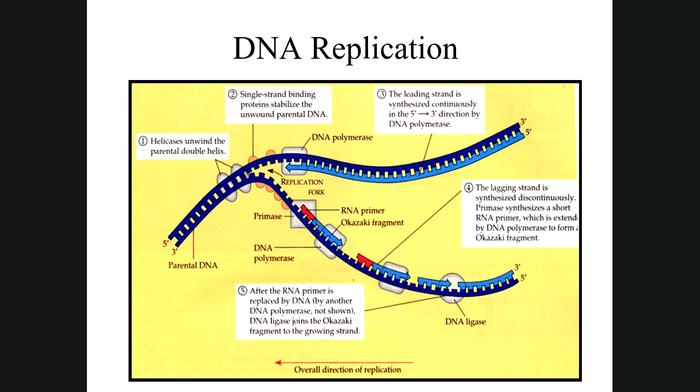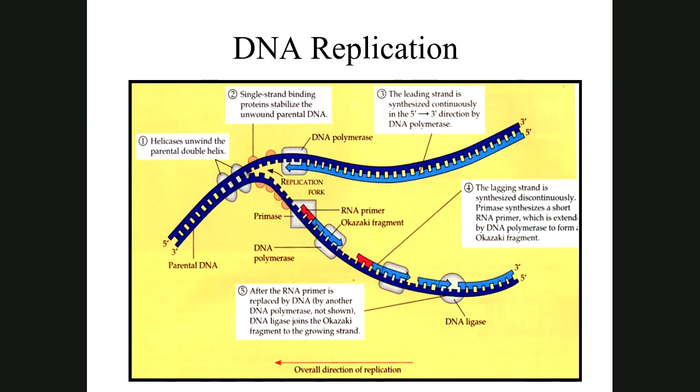Now, in order for this to be copied, this thing is labeled, and this is pretty good. Number 1, helicases. Helicases are enzymes which untwist and unzip double-stranded helixes. So helicases unwind the parental double helix. That's these two little oval things here. So that's how the two strands got opened up or separated. It broke the hydrogen bonds and separates the strands.